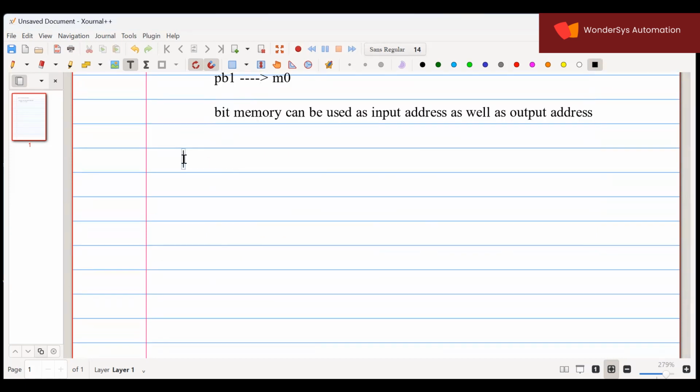So you have one switch and one lamp. Let's say switch on, lamp should be on.